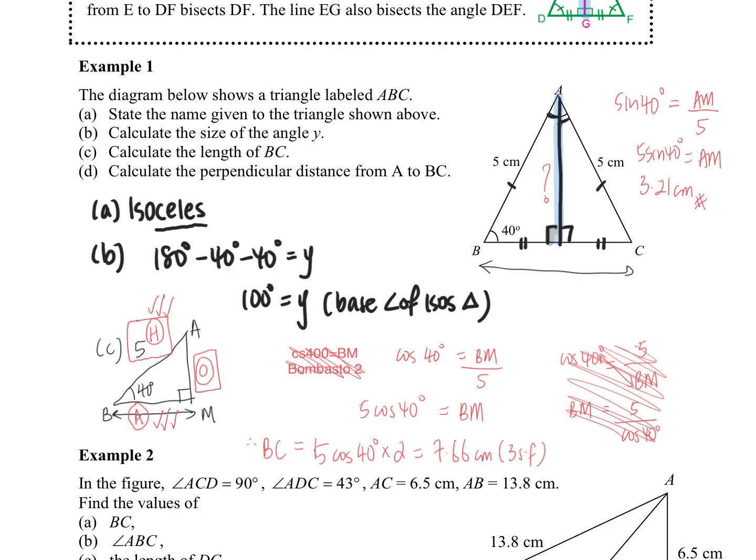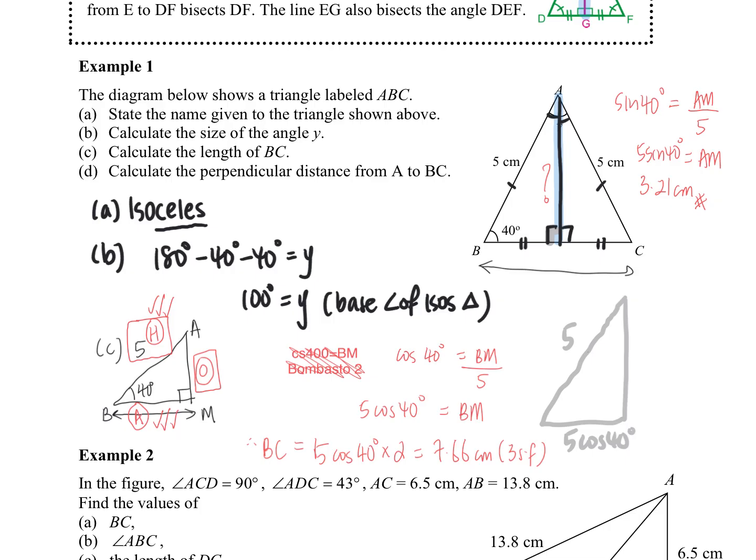Just now I heard some of you saying I can use Pythagoras theorem. You can. But if you use Pythagoras theorem, please be as exact as you can. When I zoom into this triangle, this was 5. Don't use the rounded off figure; use 5 cosine 40. So 5 squared minus 5 cosine 40 squared, then take the square root, will also give you the answer 3.21.